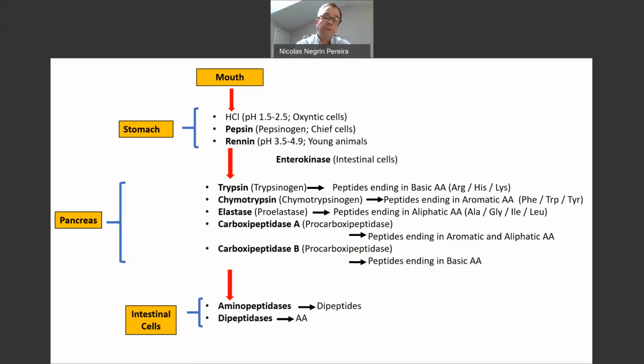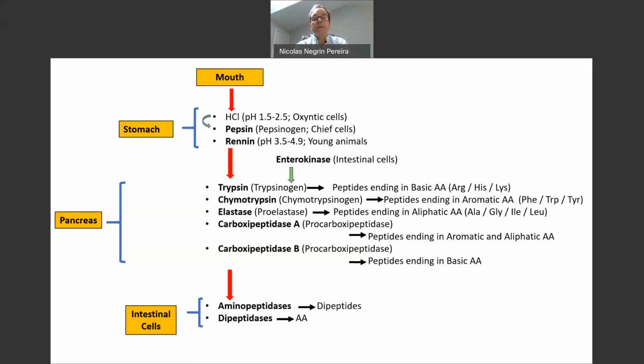And then we move to enterokinase, present in the intestinal cells, which is going to be responsible for the transformation of trypsinogen into trypsin, these enzymes being secreted by the pancreas.